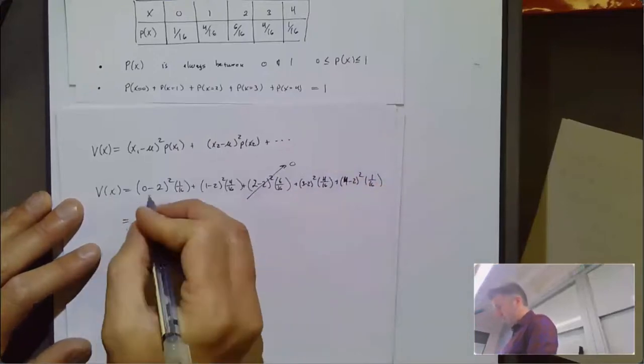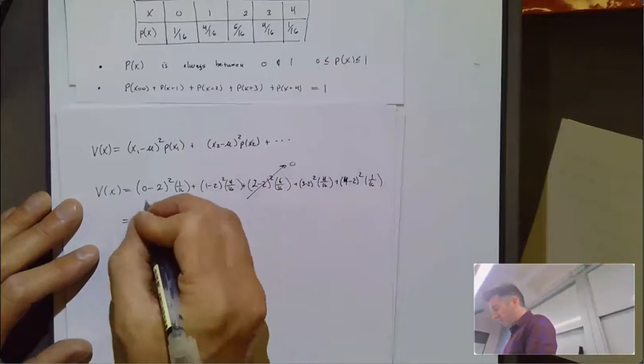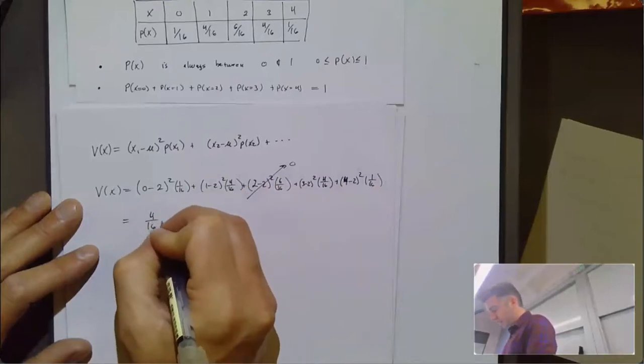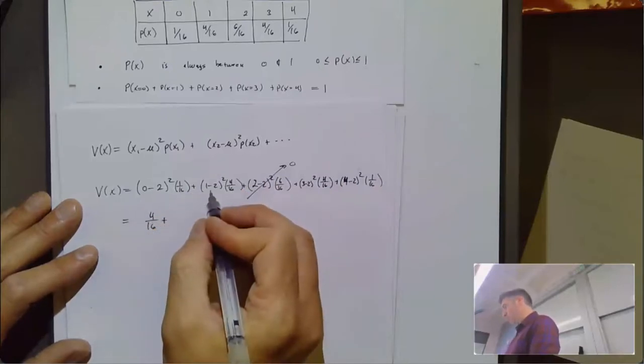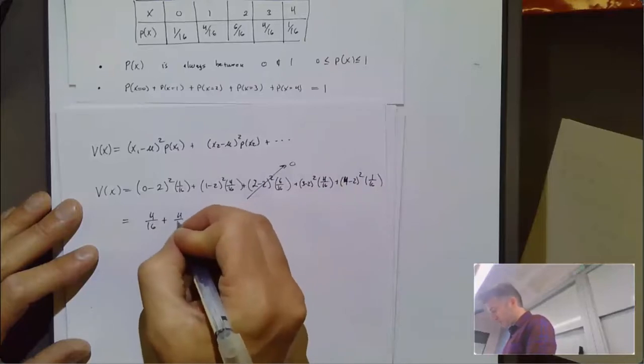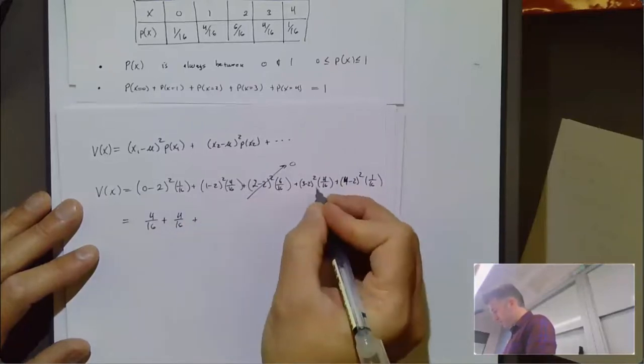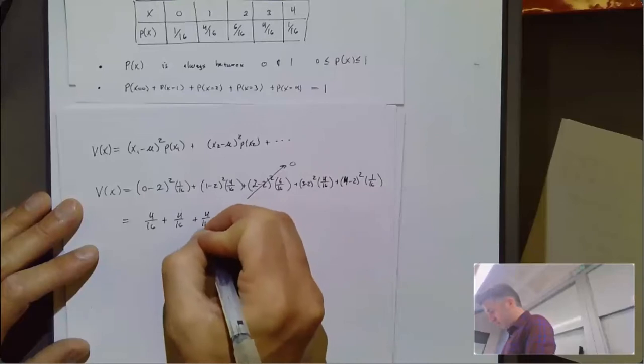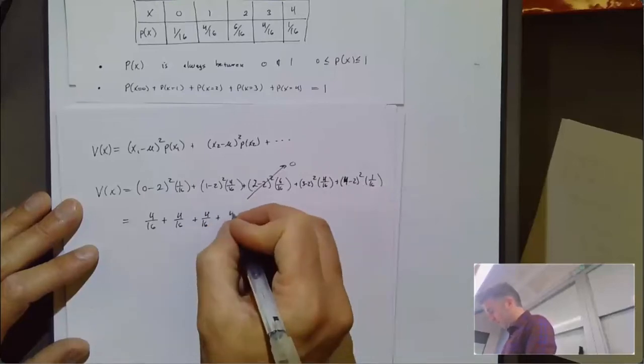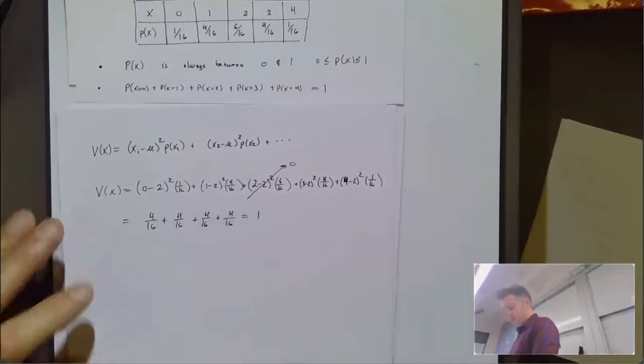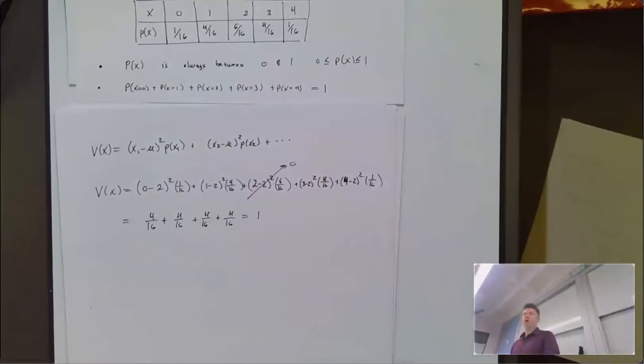To calculate this, 0 minus 2 squared is 4, 4 times 1/16 is 4/16. That's going to be 1 times 4/16, 0, 1 times 4/16. All of these terms end up being 4/16, which is kind of funny. So you get a 1. So our variance is 1.